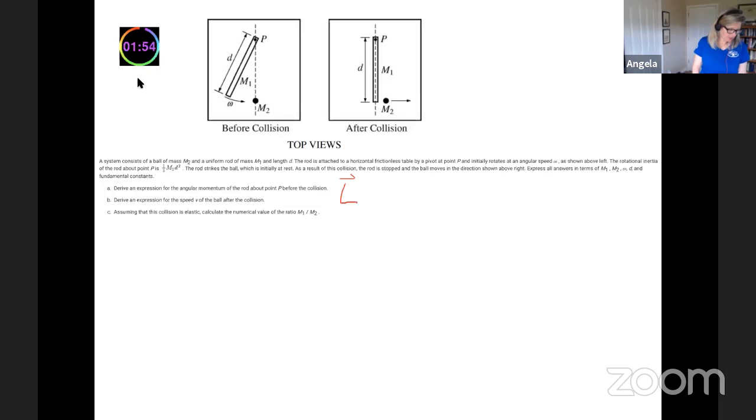The angular momentum of the rod would be I omega, and I of the rod they gave us as 1/3 m1 d squared, and they gave us omega. So there's the angular momentum of the rod.